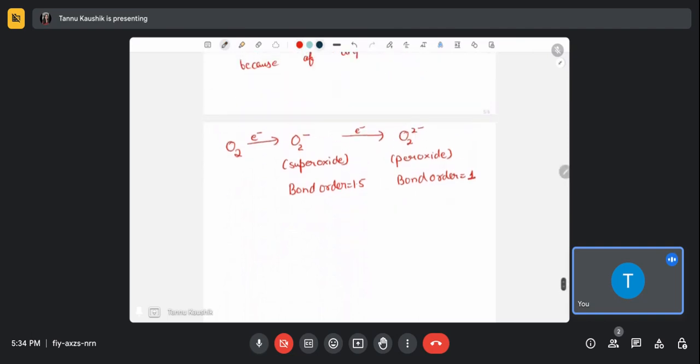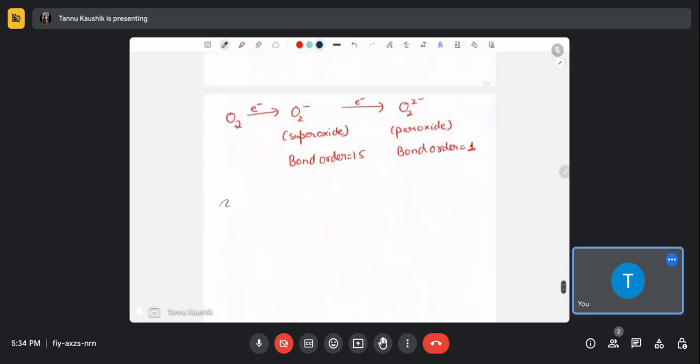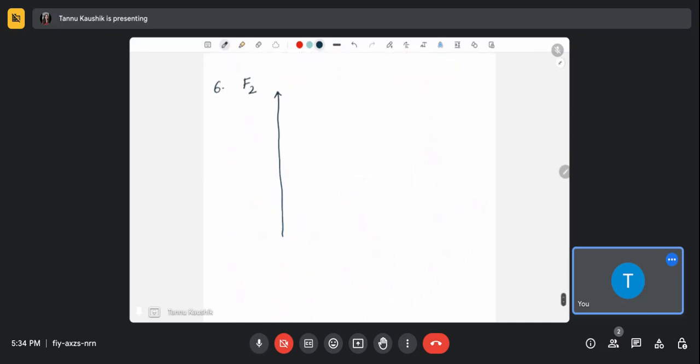The next molecule is fluorine. Fluorine has electronic configuration 1s2, 2s2, and 2p5.